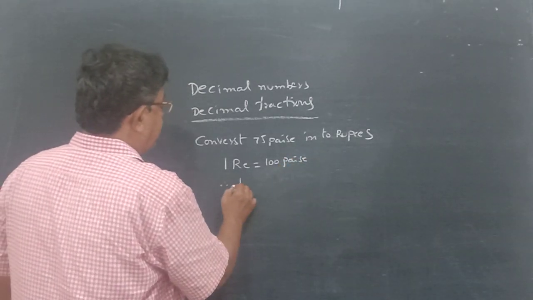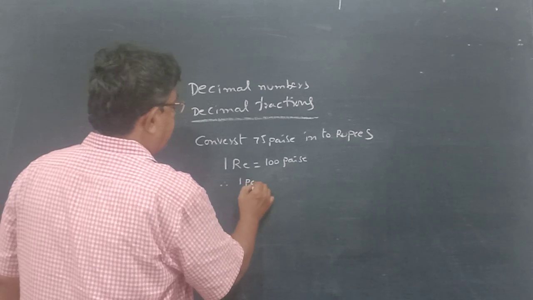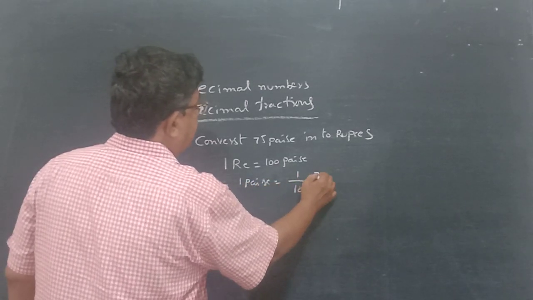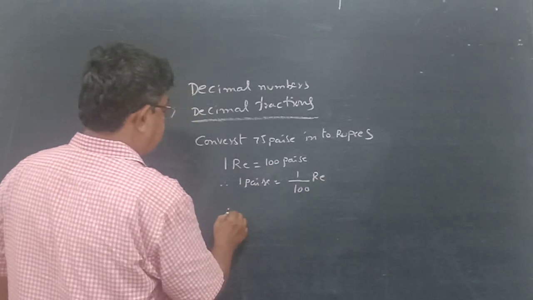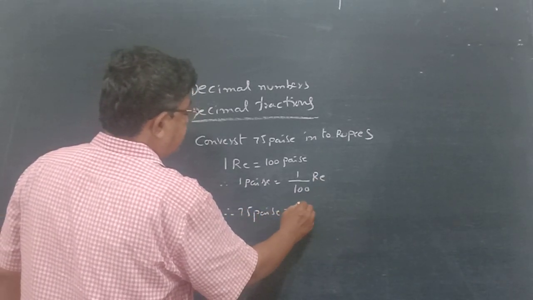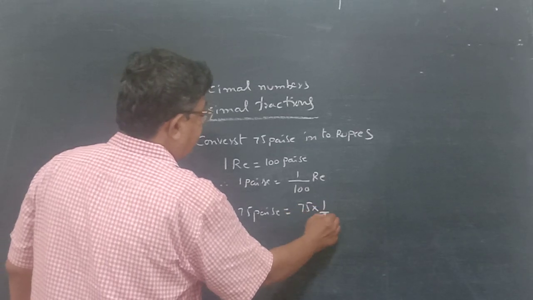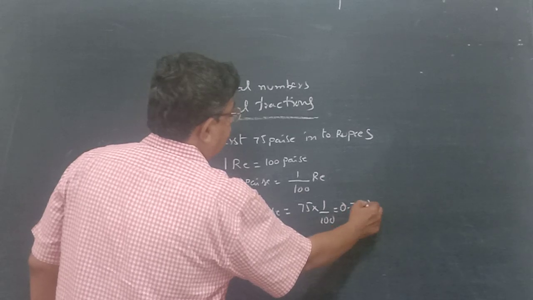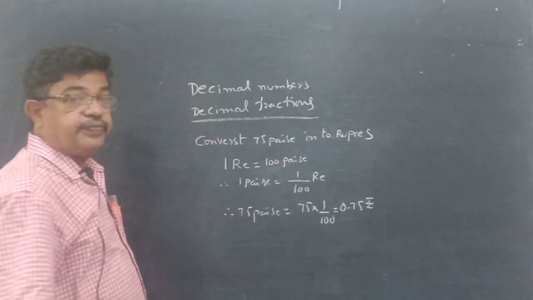Therefore, 1 paise is equal to 1 by 100th of a rupee. Therefore, 75 paise is equal to 75 into 1 by 100. That is 0.75 rupees, we can call it.